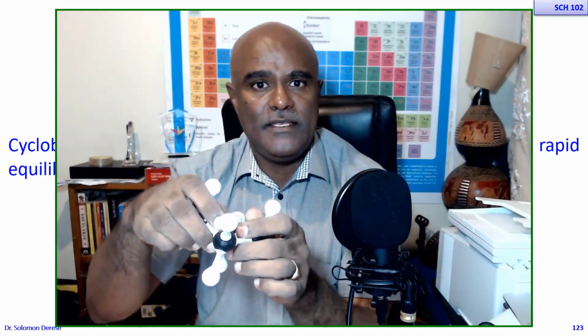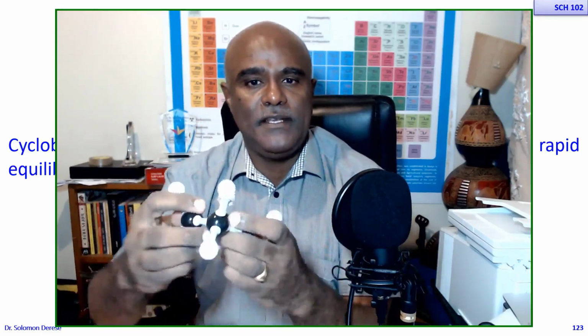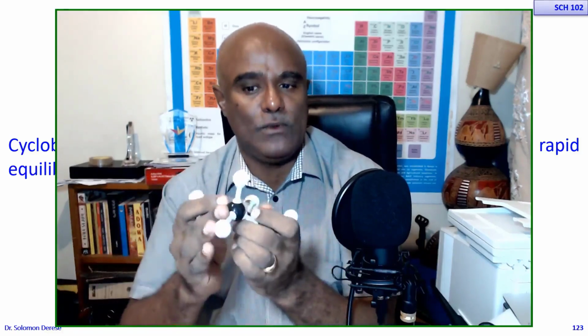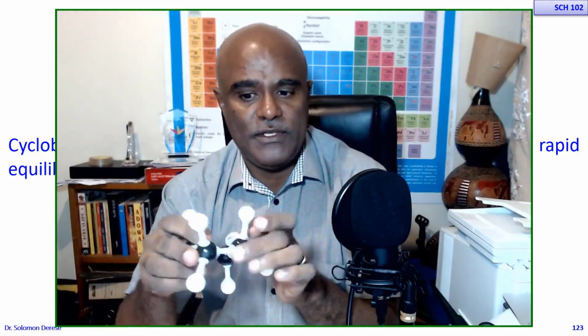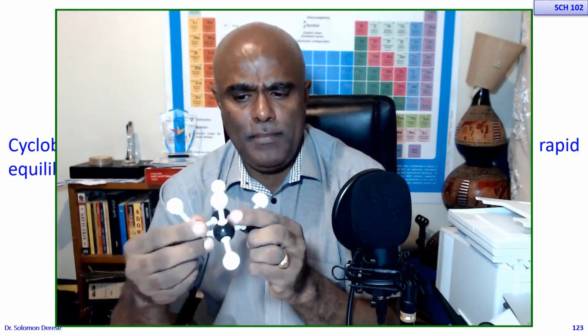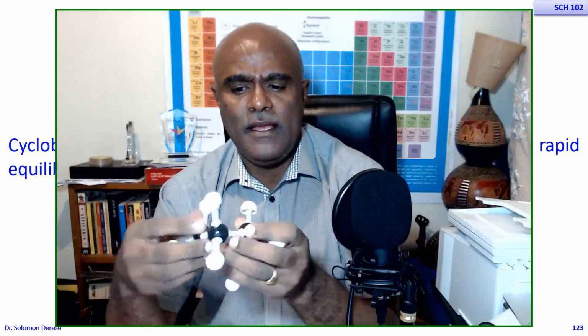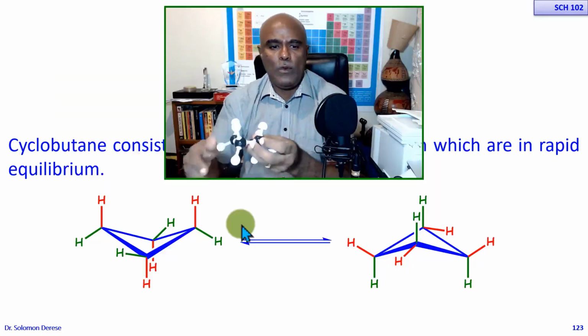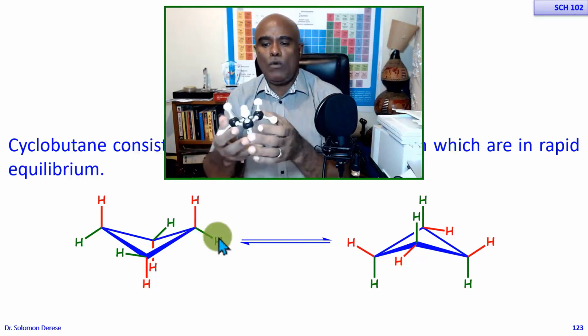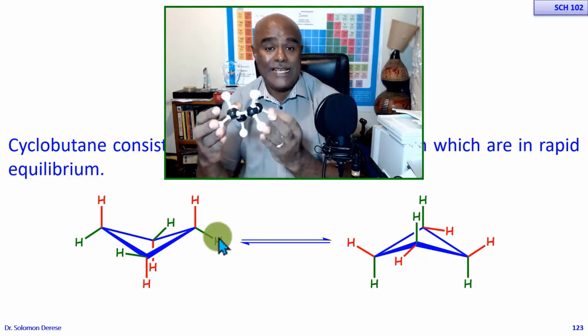Then as this ring flips like this, what happens to this substituent? To demonstrate this so that we can easily see what is happening, let me label these equatorial hydrogens green.